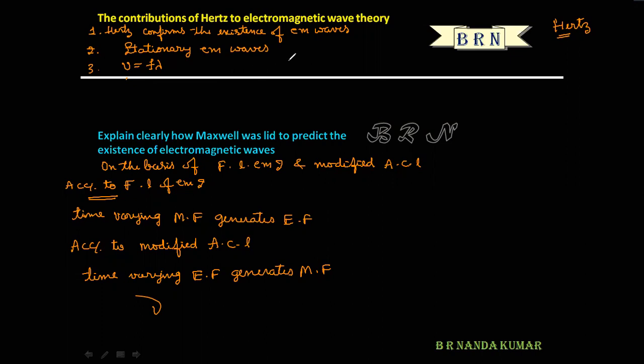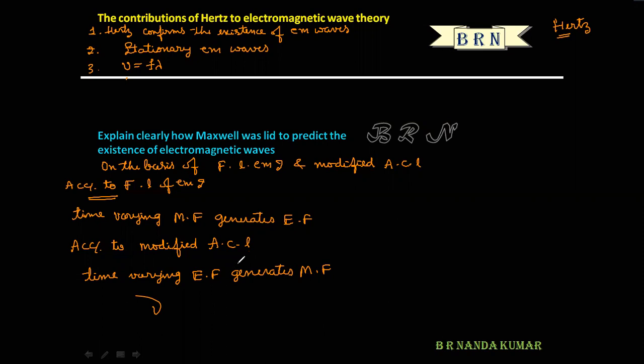Okay, who proposed electromagnetic wave theory? Maxwell. So this is Maxwell's explanation of electromagnetic wave theory. On the basis of Faraday's law of electromagnetic induction and modified Ampere's circuital law, Maxwell theoretically predicted the existence of electromagnetic waves. According to Faraday's law, the time varying magnetic field generates electric field, but according to modified Ampere's circuital law, the time varying electric field generates the magnetic field.